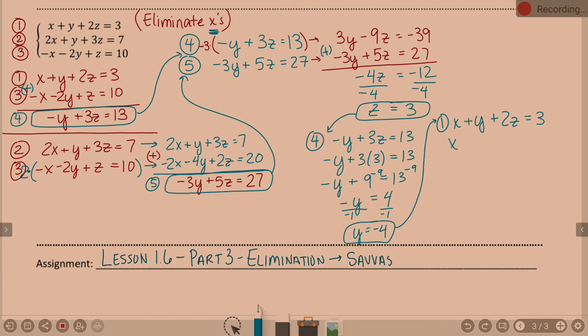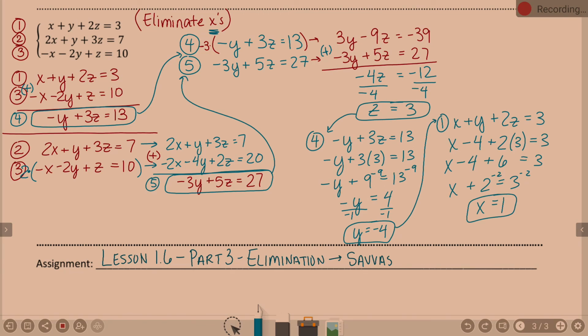Plus y is going to be minus 4 plus 2z, 2 times 3, equals 3. X minus 4 plus 6 equals 3. What's minus 4 plus 6? 2. So x plus 2 equals 3, and subtract, x is 1.